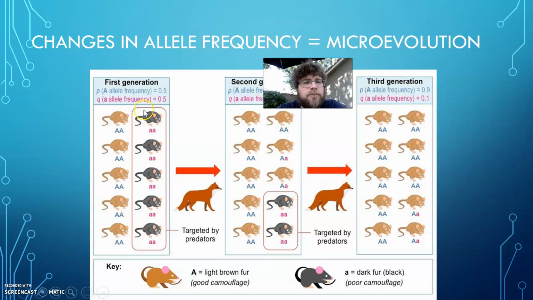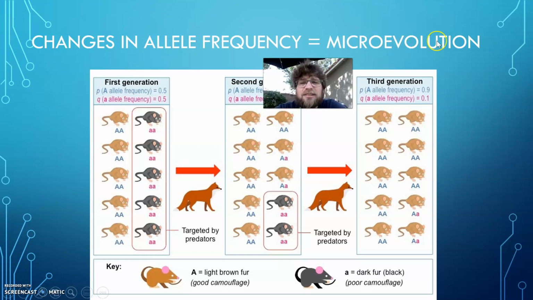And you go from a gene pool that was 50-50 to a population that's 90% one allele, 10% the other allele. And as scientists, we consider this to be microevolution. When you have a change in the allele frequency over generations, it's not in genetic equilibrium anymore.